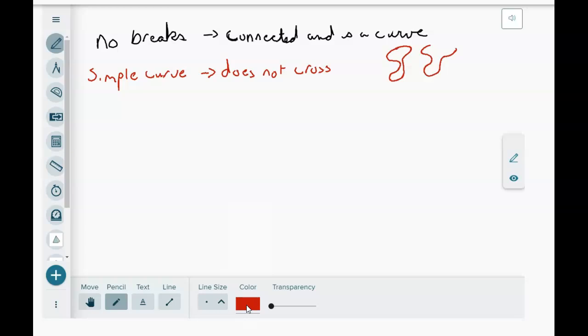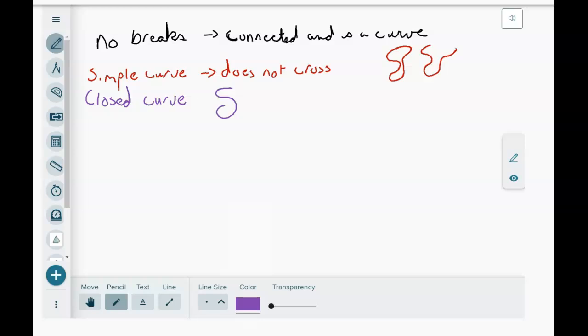And it may or may not have the same ending point. Again, same ending point would mean that it actually is a closed curve. Now, what I'm talking about by a closed curve means it actually closes.